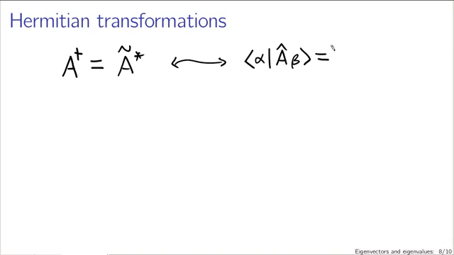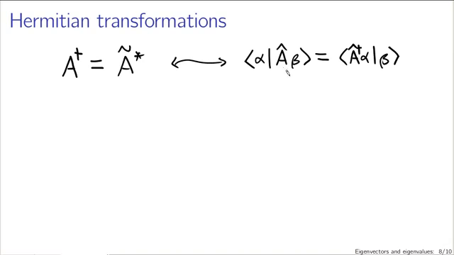If a transformation is Hermitian, we have that this is equal to A hat acting on alpha, inner product with beta. Sorry, this is not just A hat, this is the Hermitian conjugate of A hat.